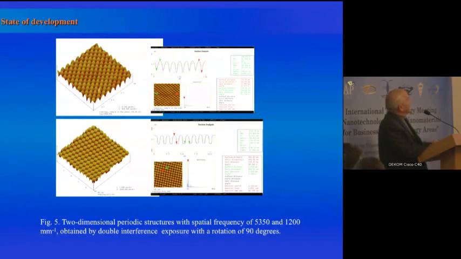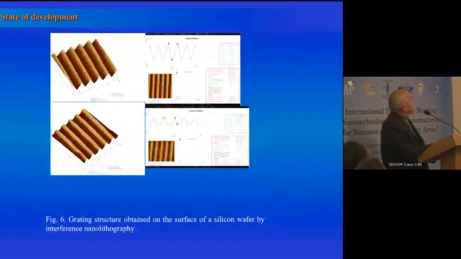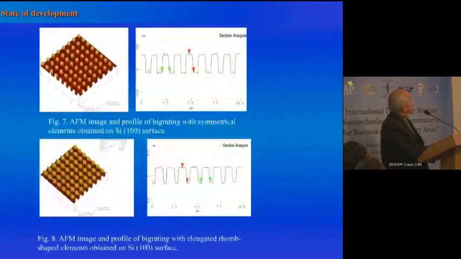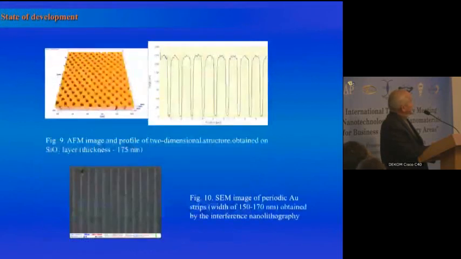Also, these are binary structures, various frequencies. Varying the exposition, we can adjust the depth of the modulation, the shape, and of course, for different applications. The next example is forming the high-frequency structures of dielectrics.